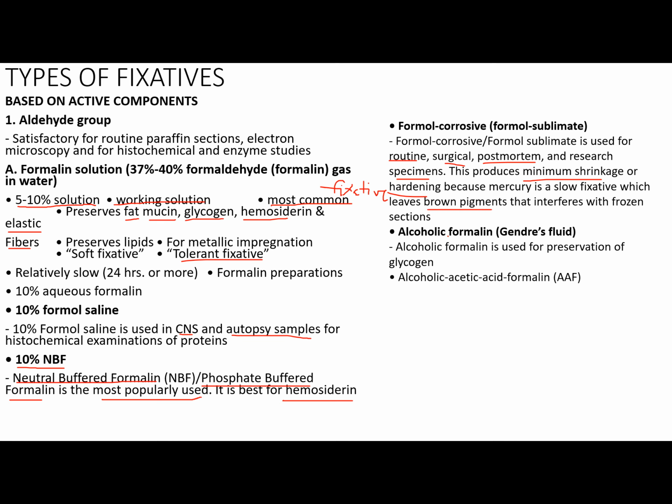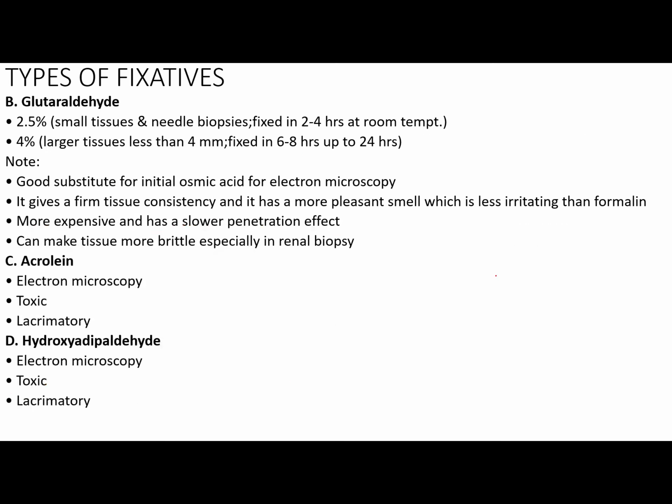Then we have your alcoholic formalin, also known as Gendre's fluid, used for the preservation of glycogen. Then we have your alcoholic acetic acid formalin. So those are the different variations or the different preparations related to formalin class.